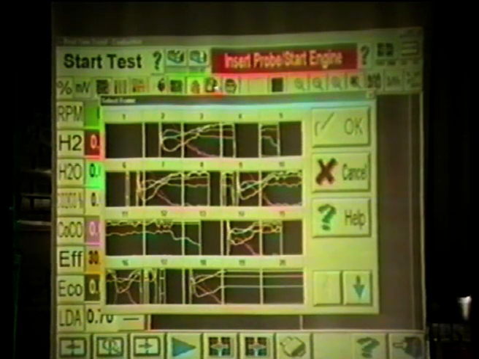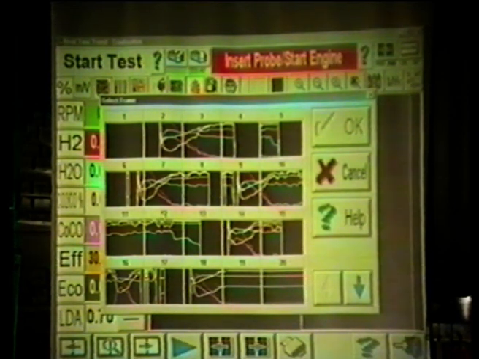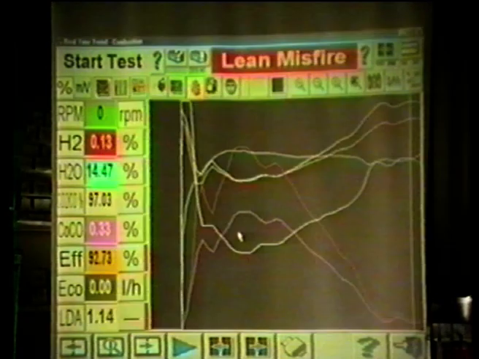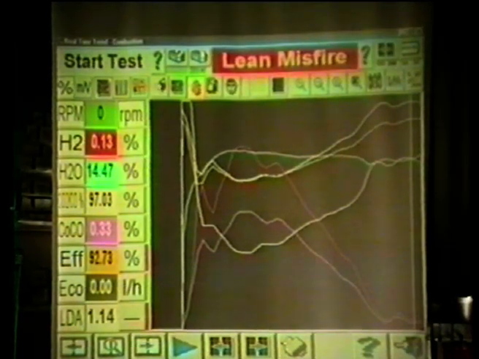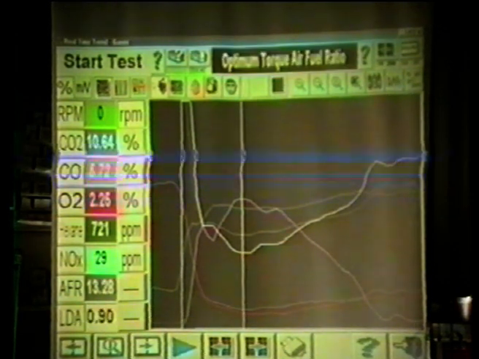Fuel economy. Fuel economy. Here we go. Is that right? Yeah, I think it was too.